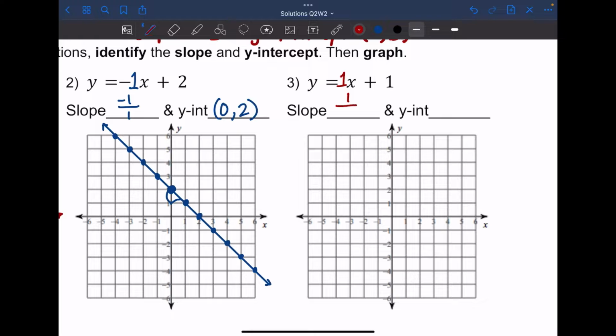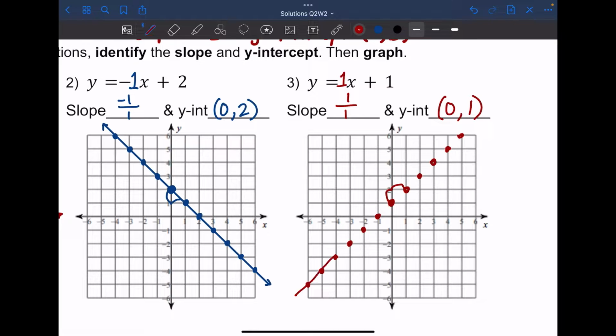That's a positive 1, so 1 over 1, and our y-intercept is also a positive 1. So y-intercept at positive 1, and then we have a slope of positive 1, so we go up 1 and to the right 1, and if we keep following that pattern, we'll get lines that look like this. It can also follow that pattern down and to the left.